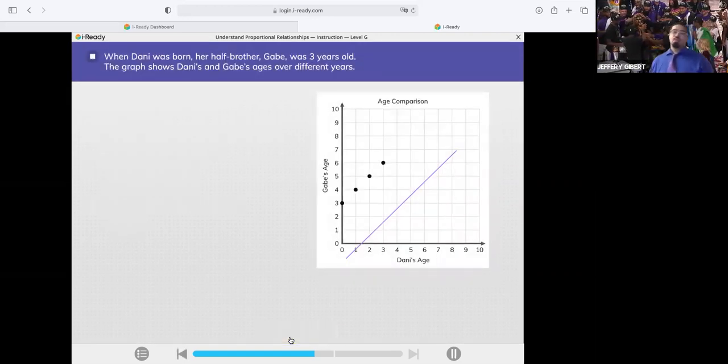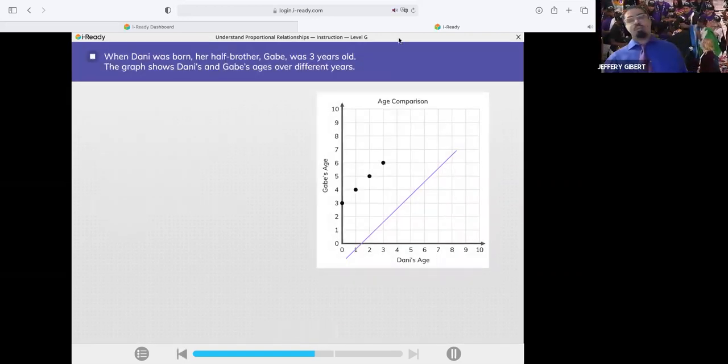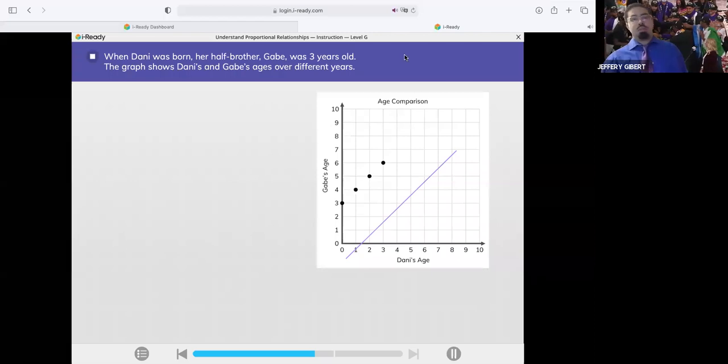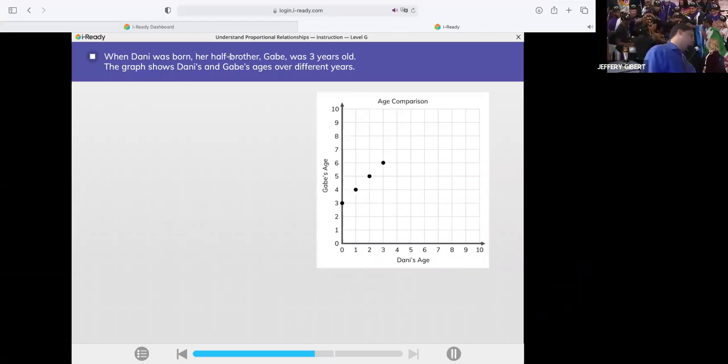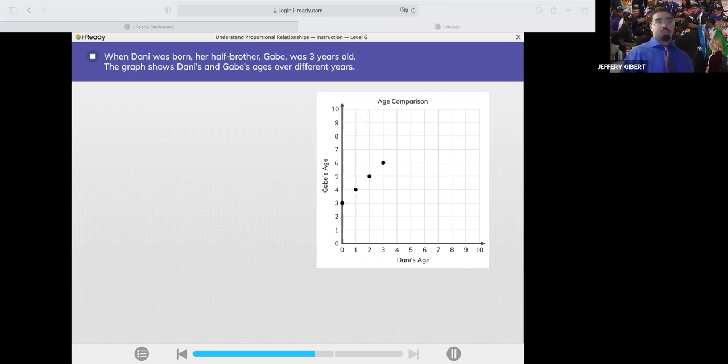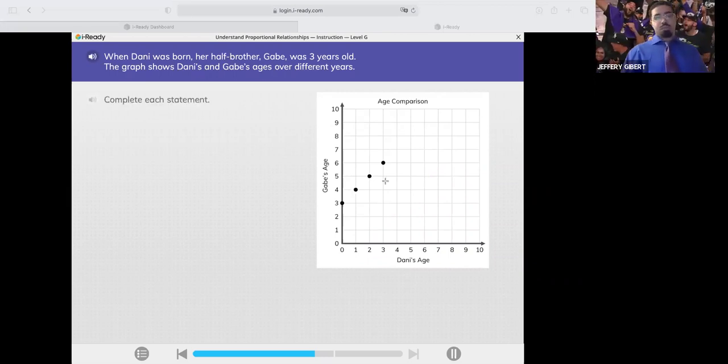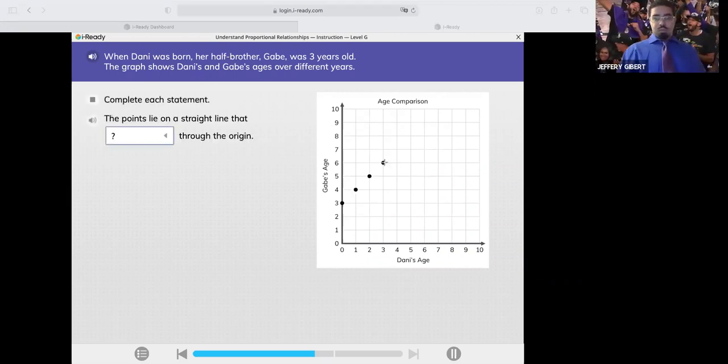When Danny was born, her half-brother, Gabe, was 3 years old. The graph shows Danny's and Gabe's ages over different years. Complete each statement. All right, David.